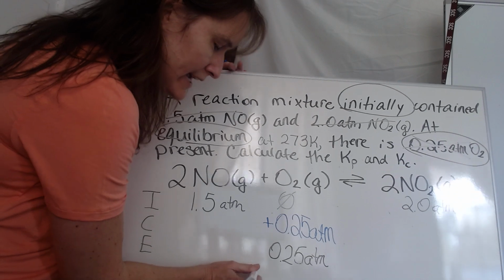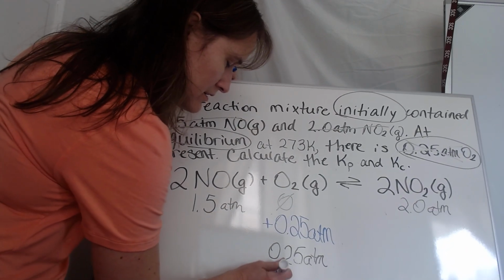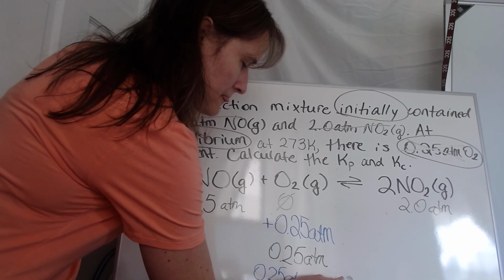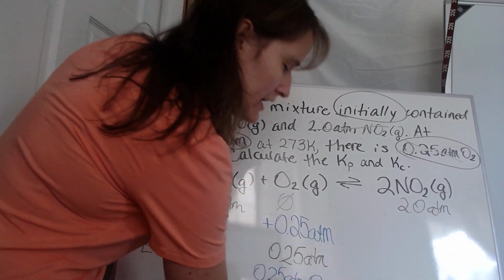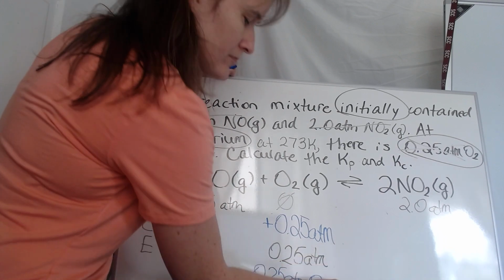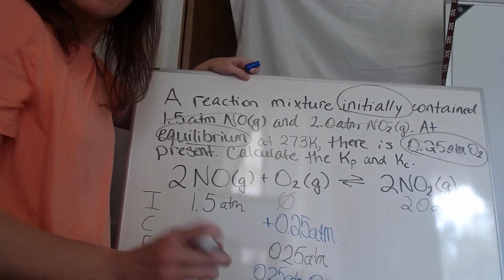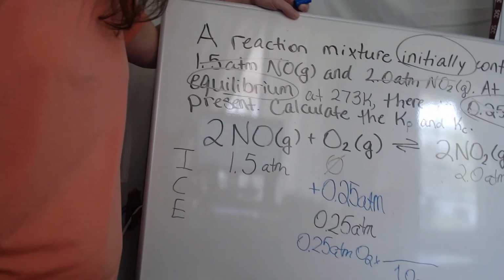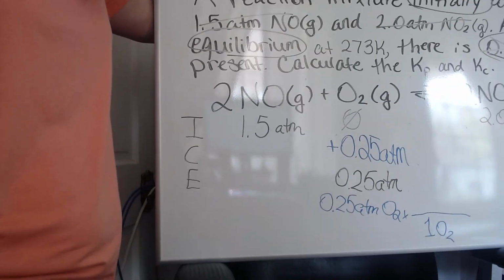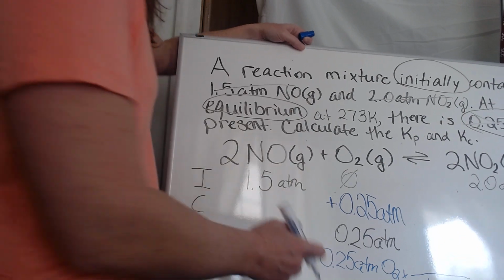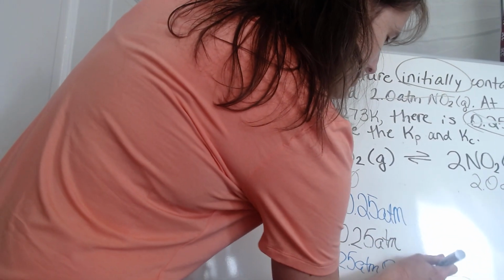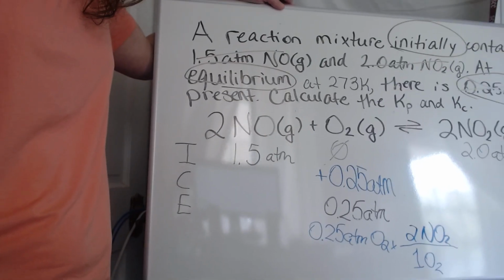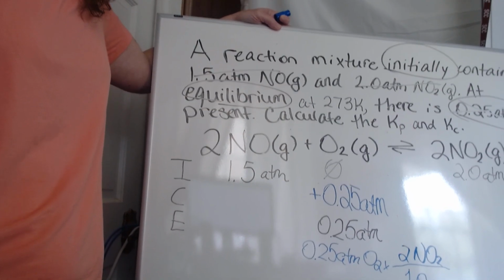If I created 0.25 atmospheres of oxygen, according to the reaction, I have 1 O2 for every 2 NO2s.